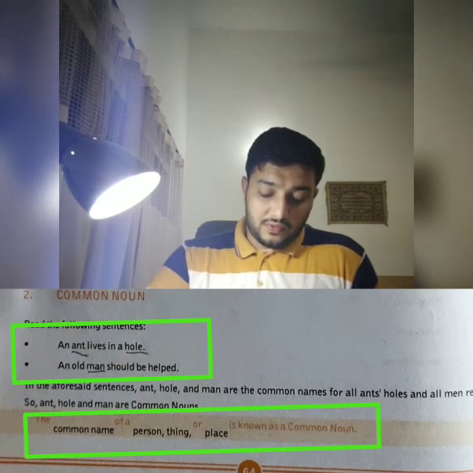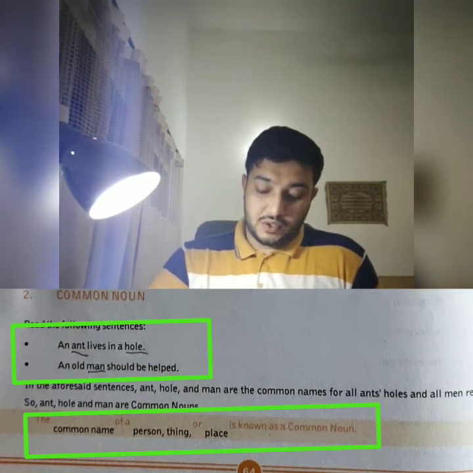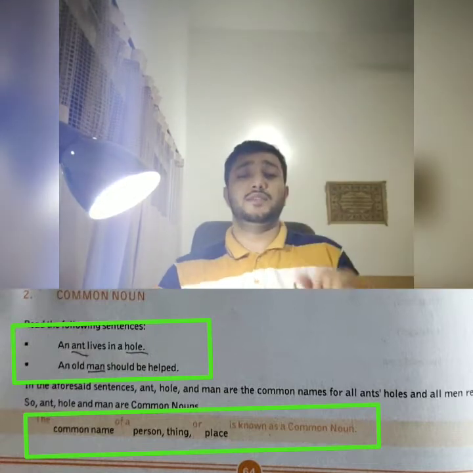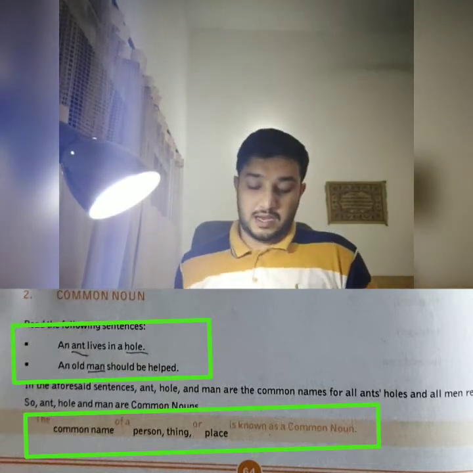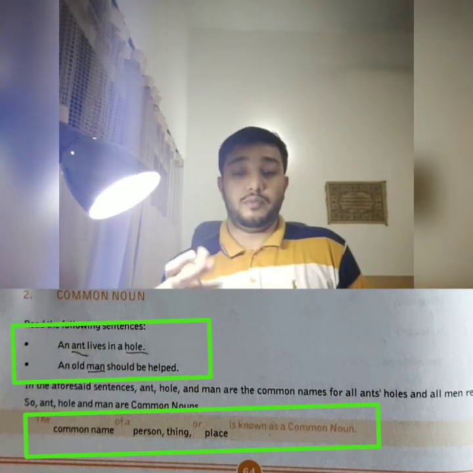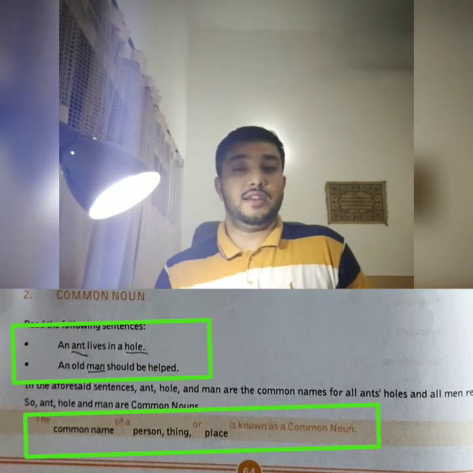The common name for a thing, person, or place is known as a common noun, like country. Every country lies in the category of countries. Okay, so let's talk about the collective noun.